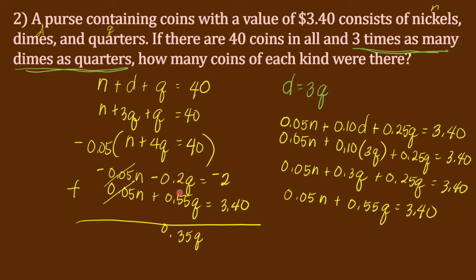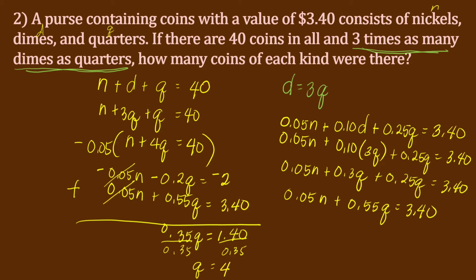Combining negative 0.2 and positive 0.55, it will give us positive 0.35Q. And 3.40 added to negative 2, the result is 1.40. And then divide both sides by 0.35, it will give us Q equals 4.